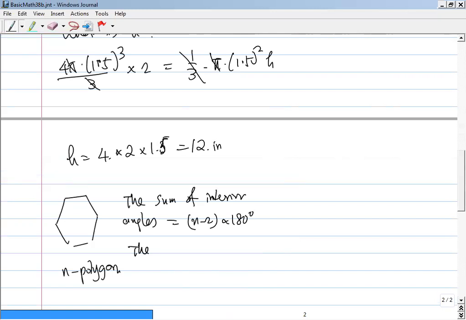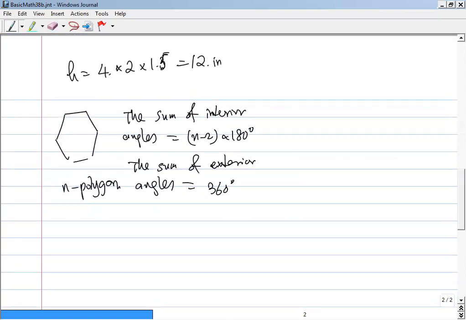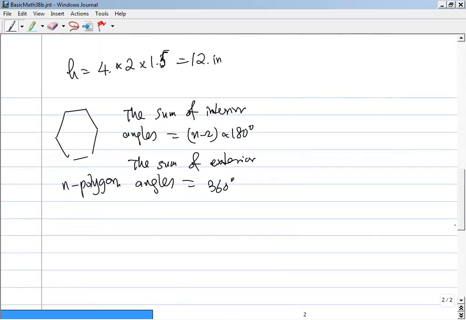And the sum of the exterior angles is always going to be 360 degrees. It's independent of the number of sides.